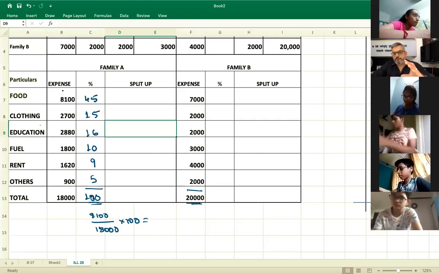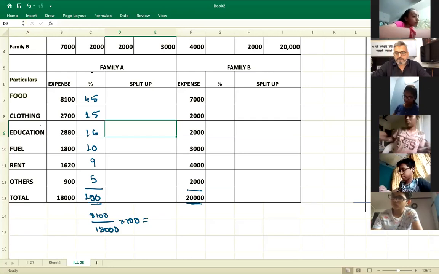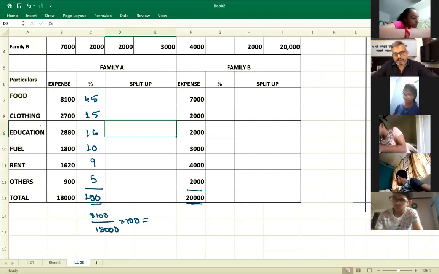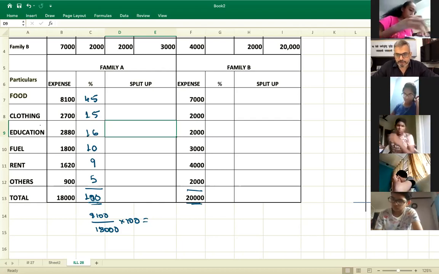See, percentage find करना हो ना, तो पहले तुम ये फूड देख लो। फूड, see 18,000 टोटल एक्सपेंस है, उसमें से 8,100 फूड में खर्चा हो रहा है। तो तुम्हें क्या करना है, take calculator with you. 8,100 divide by 18,000 which comes to 0.45 into 100 which comes to 45. Or what you can do is, let's take expense of family B, 7,000. You press 7,000 in calculator, divide by 20,000, press the percentage sign. What are you getting? Are you getting 35?